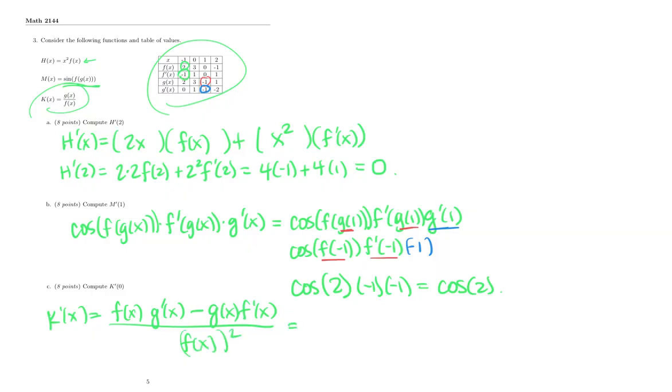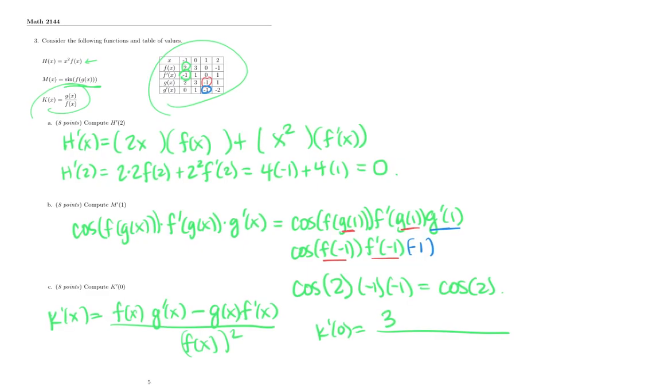And then I want to plug in zero. So k prime of 0 is going to equal, well, I'm going to compute all of these values. So f of 0 is 3. g prime of 0 is 1. g of 0 is 0. g of 0 is 3.